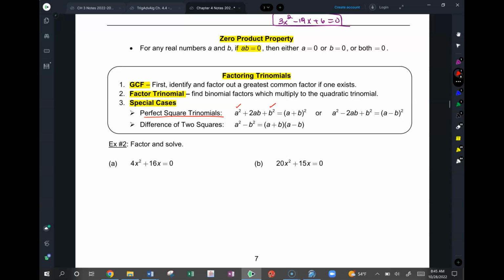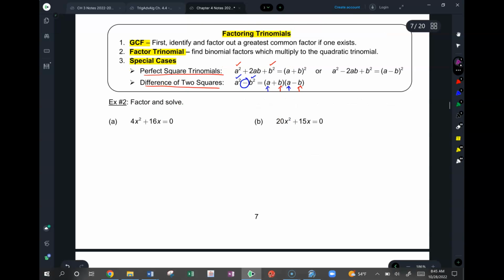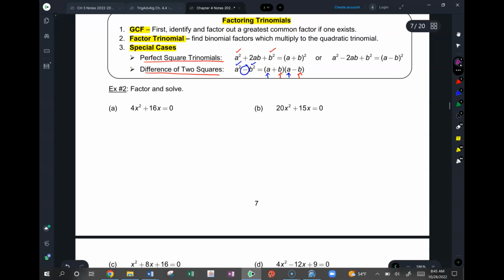And then you have difference of two squares, where it's a perfect square, and it's got to be a minus in the middle. In that case, you take the square root of the first, you take the square root of the second, and then you do plus minus. Okay, so let's do some examples, and then we'll see if we have any more questions.